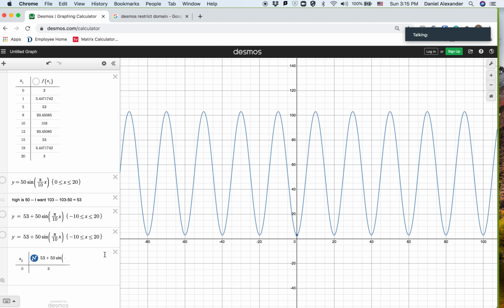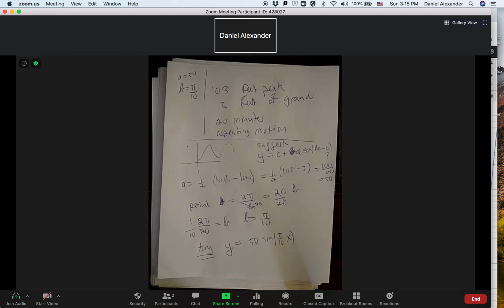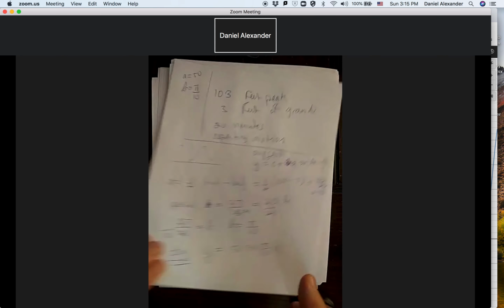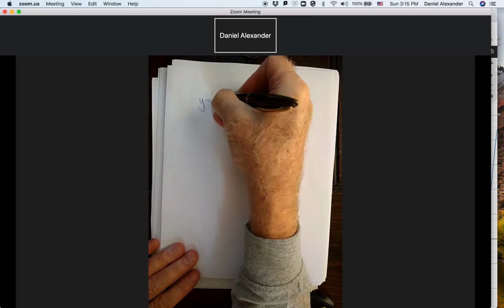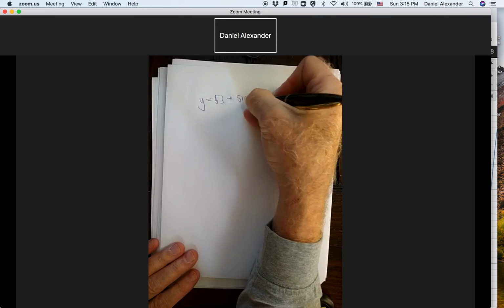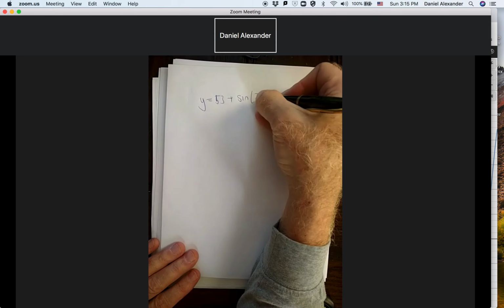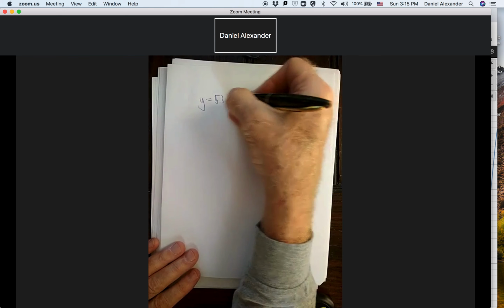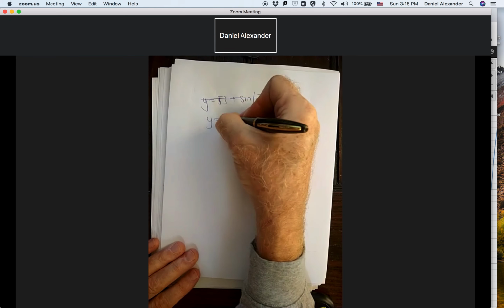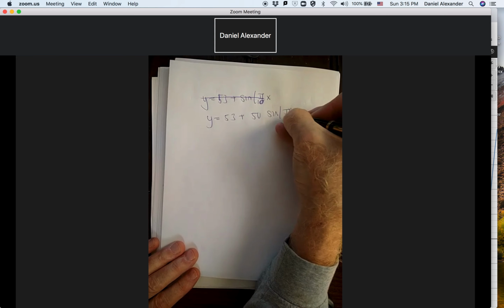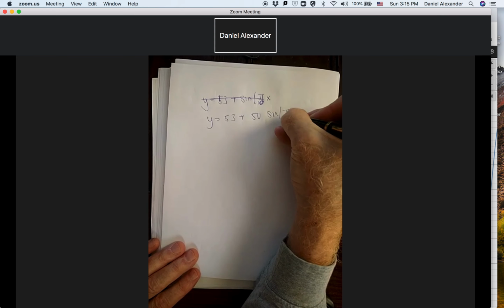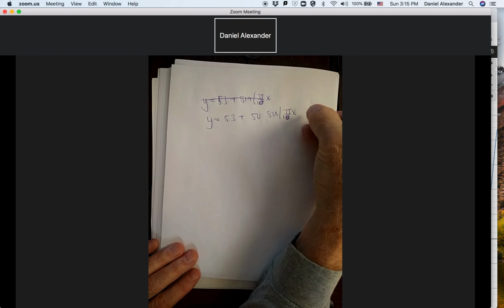I'm just going to write something on the other piece of paper and summarize this stuff, so I'm going to stop the share. Okay, remember where we were: we came up with this pretty easily. y equals 53 plus 50 sine of pi over 10 times x, and we want to put something here.